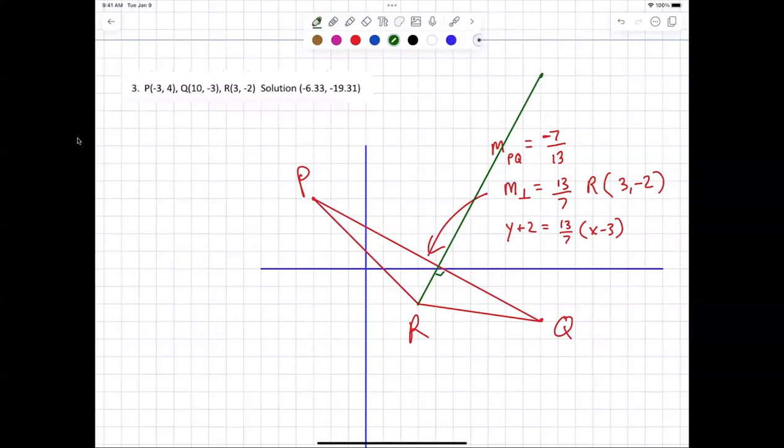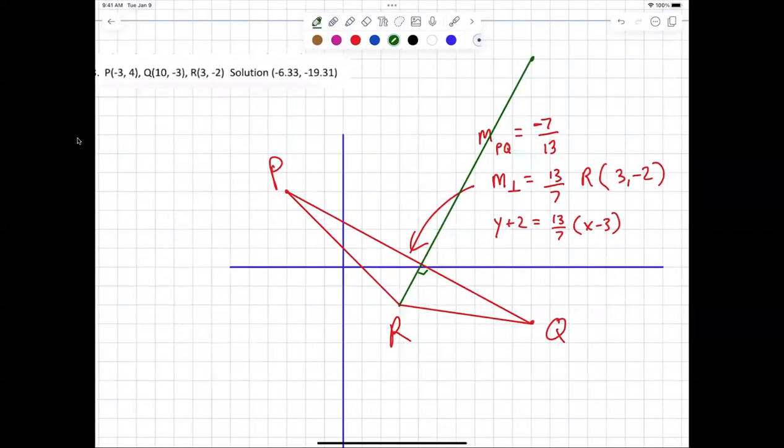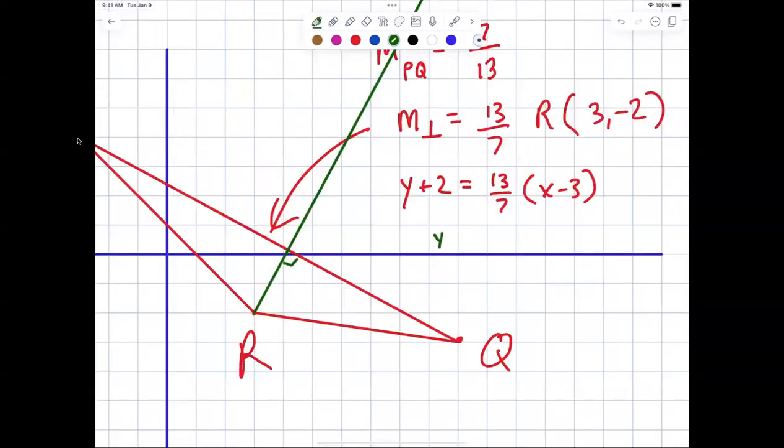That's the perpendicular line. So now let's just go ahead and solve it for y. So it'll be easy. y + 2 equals 13/7 x minus 39/7. And then when I subtract 2, I'm subtracting another 14/7, right? So y equals 13/7 x minus 53/7.